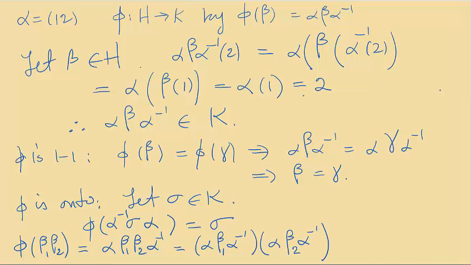Notice what I did there. I just put in an alpha inverse alpha, which is the identity. And we got phi of beta 1 times phi of beta 2. So the mapping phi is operation preserving, and we have proved that H is indeed isomorphic to K under the isomorphism phi.